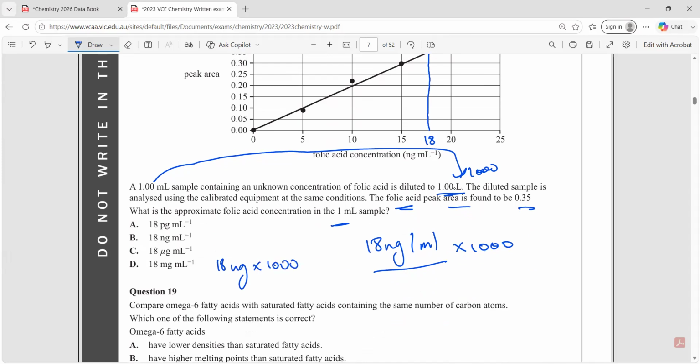For those who missed that, there's been a dilution factor of 1 milliliter to a liter, which means it's heavily underestimated the amount that is actually present of folic acid, right? Because it's been diluted. So the real amount would just be that 18 nanograms times 1,000 per milliliter.